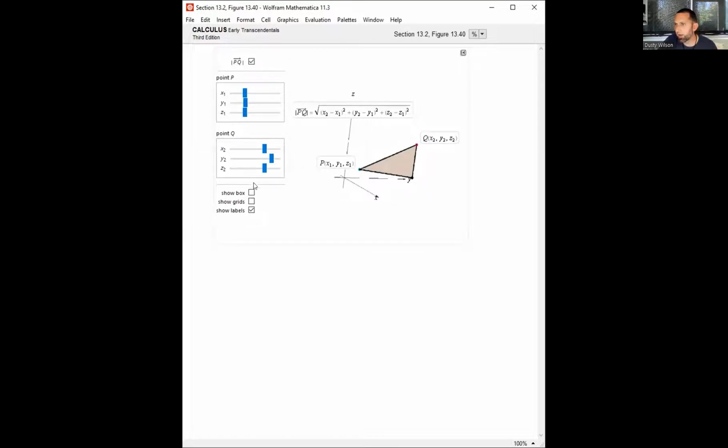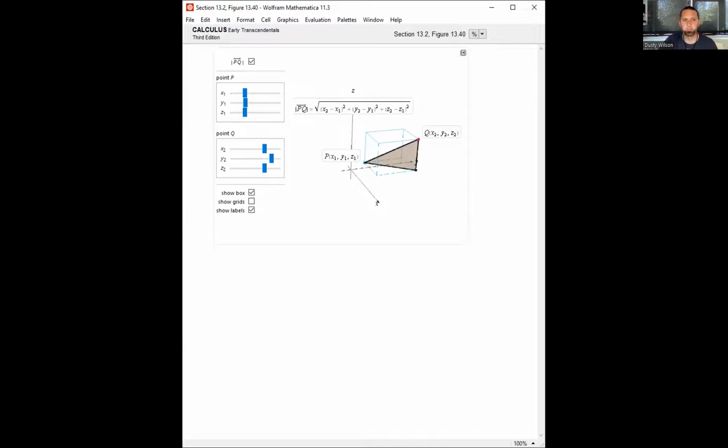And how would you do that? Well, we'd find the difference in the x's and square it, difference in the y's, square it, difference in the z's, square it, and take the square root of that full sum. And that would give us the length of this hypotenuse. It's just the distance formula.